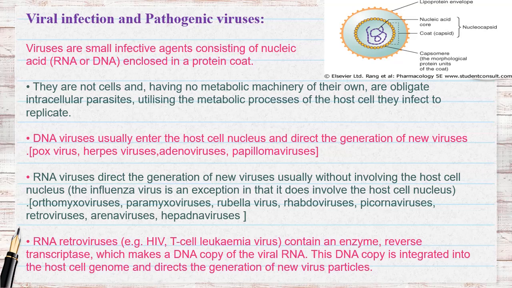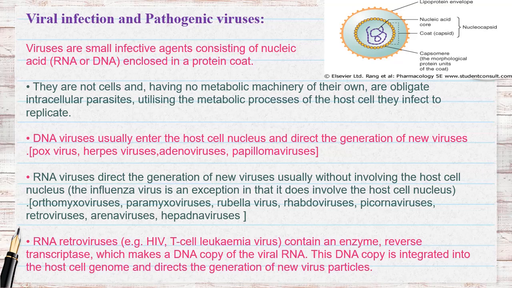So what is happening with the DNA virus? Examples of DNA viruses are pox viruses, which cause smallpox, herpes viruses, which cause chickenpox, adenoviruses, which cause sore throat or conjunctivitis, or papilloma viruses, which cause warts. Okay, so what do these viruses do?